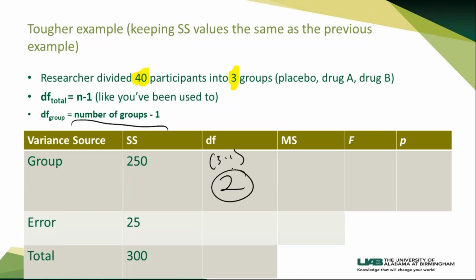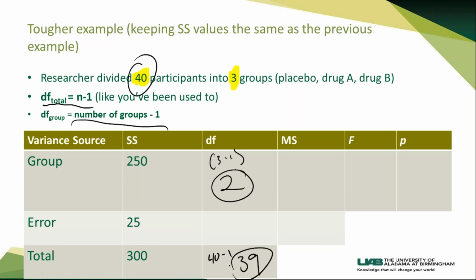And again, pretty much everything for error is more complicated. It's not impossible, not really that difficult, but we'll go the easier route when we can. So instead of calculating degrees of freedom for the error, it's recommended that we just do degrees of freedom for the total, which is something we're really used to. It's just the total n minus 1. So if we have 40 participants, that's 40 minus 1, simply 39.